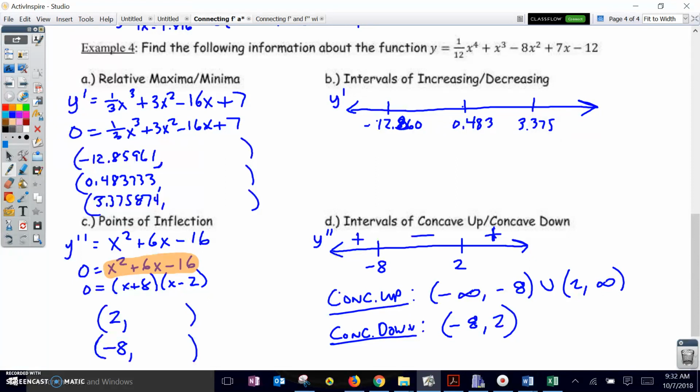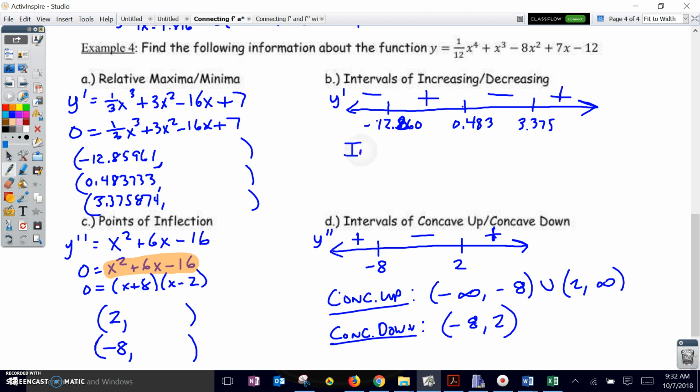Okay, so let's see. When x is 1, this is negative 16, that's 3, that's 1/3, so it's going to be negative there. When x is 0, it's going to be positive. When x is negative 20, it's going to be negative. When x is 5, it's going to be positive.